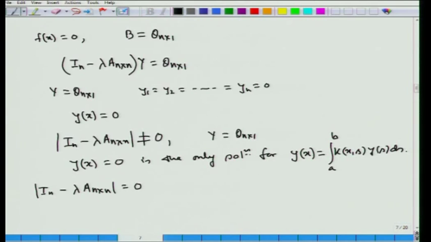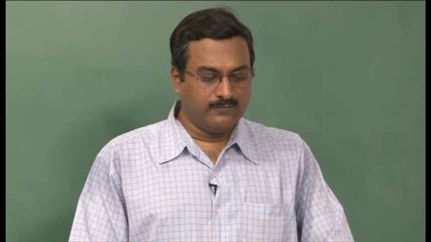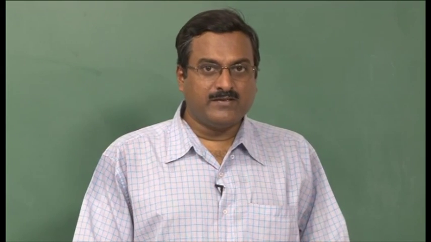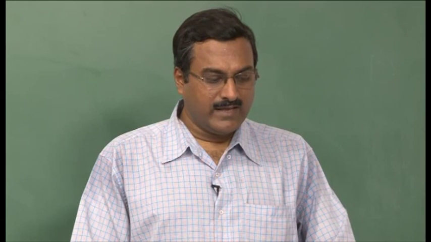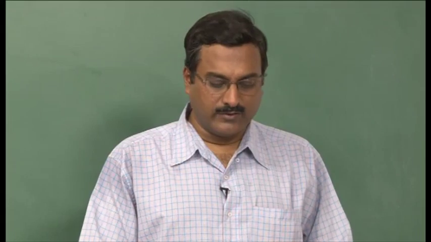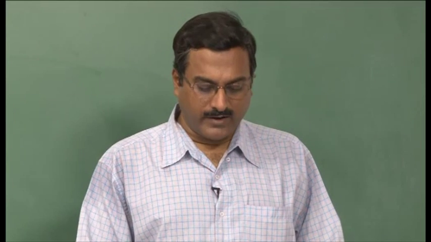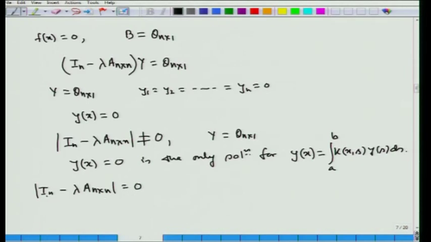As this choice of value for y j is arbitrary, it actually admits infinitely many solutions of the integral equation. So, this is a very important point. If the determinant of I n minus lambda A n is equal to 0, then we have infinitely many solutions of the integral equation.